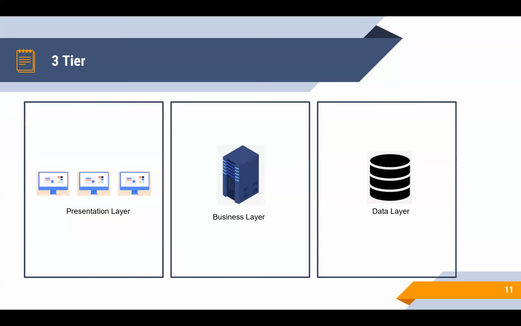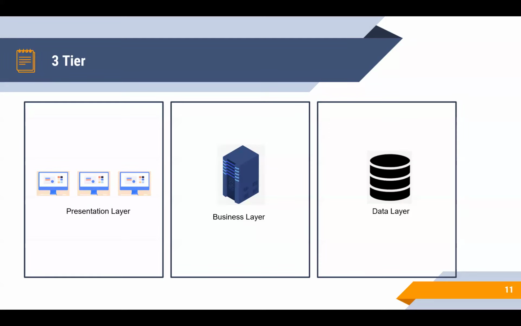So maybe some natural disaster or some problem, if one thing is disturbed, at least the other two things are not going to be disturbed. So here we have three different machines.